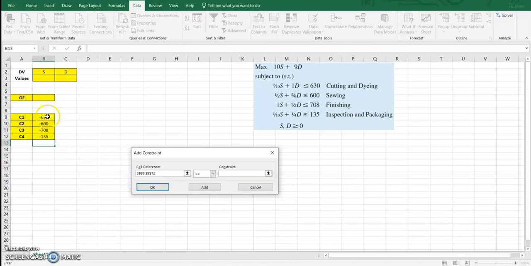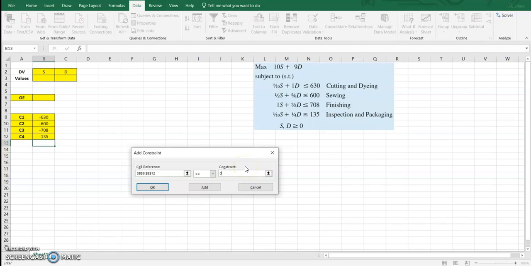Because you modeled them in a smart way and you made all of them the right hand side. The right hand side is this part, my friend. But since you brought all of this right hand side to the left side, the right hand side for all of these constraints is 0. So you can put 0.